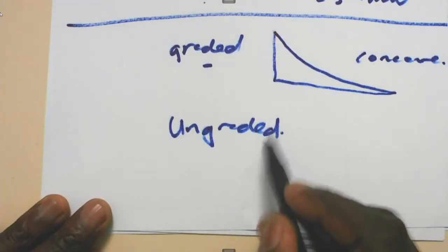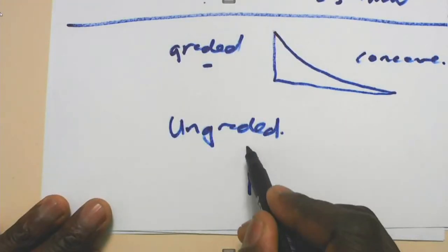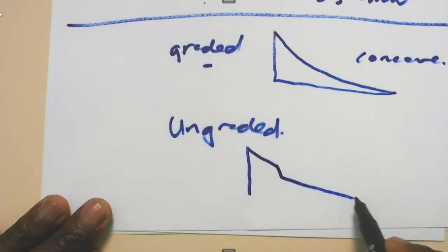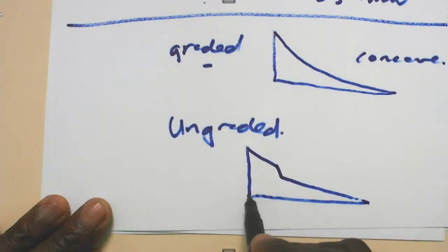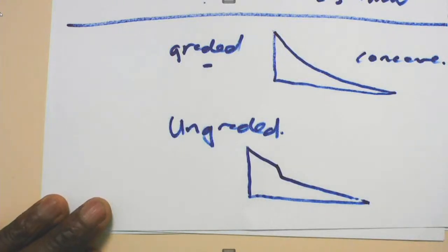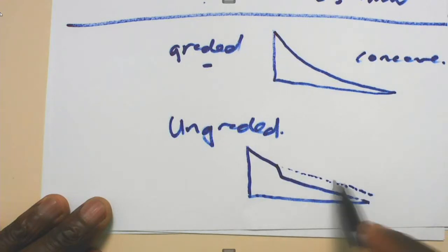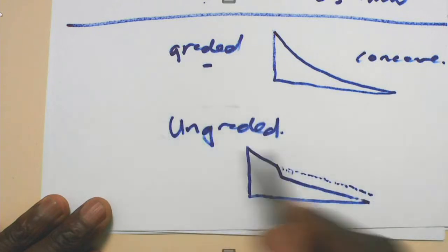And then we're having also the ungraded profile. In terms of the ungraded profile, it has a temporary base level over here. So that means now because of erosion, this part started being eroded over here. So that's why we are saying this one is ungraded.